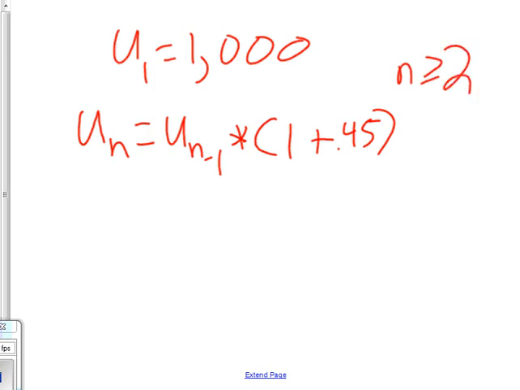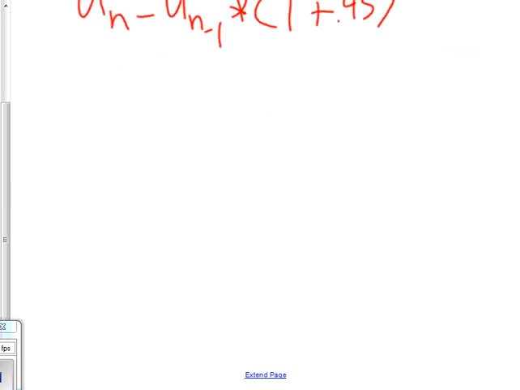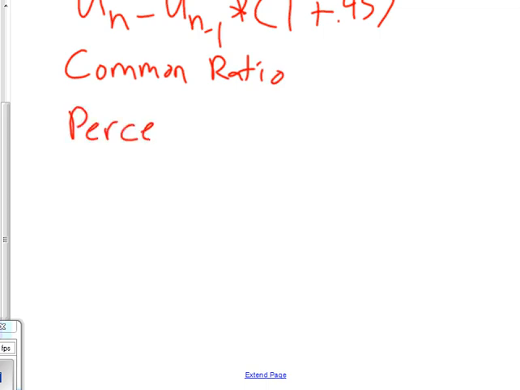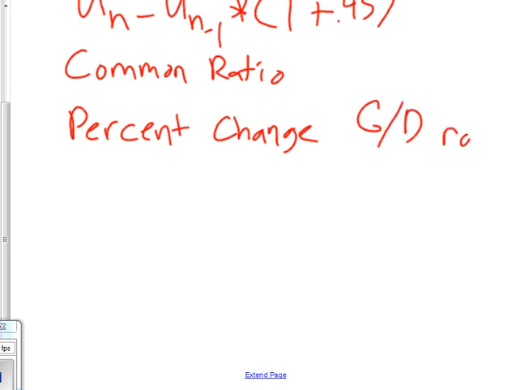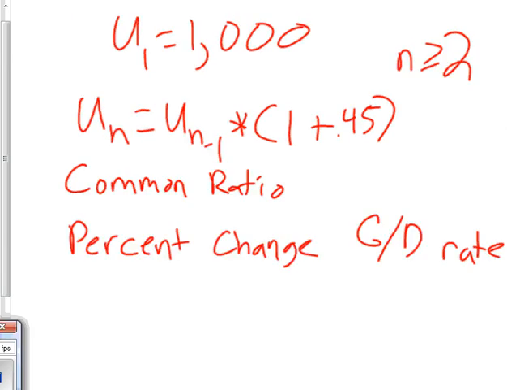What I want you to be able to find is what is the common ratio, and then also what is the percent change, because that's what it's called on the worksheet, also called the growth or decay rate. So why don't you do that right now? Pause the video.